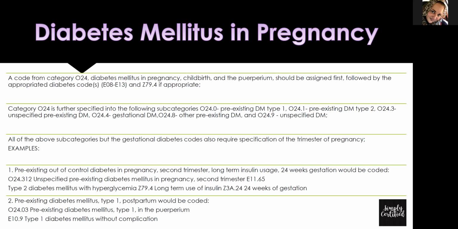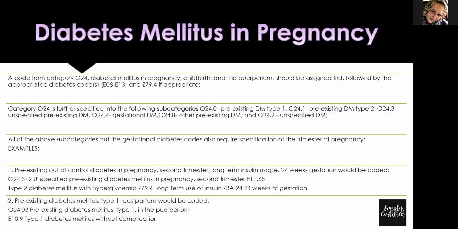When you're coding anything for pregnancy, we really need the weeks of gestation and the trimester. And diabetes is no exception. So in our first example, we have pre-existing out of control diabetes in pregnancy in the second trimester, and they use long-term insulin. They're 24 weeks gestation.